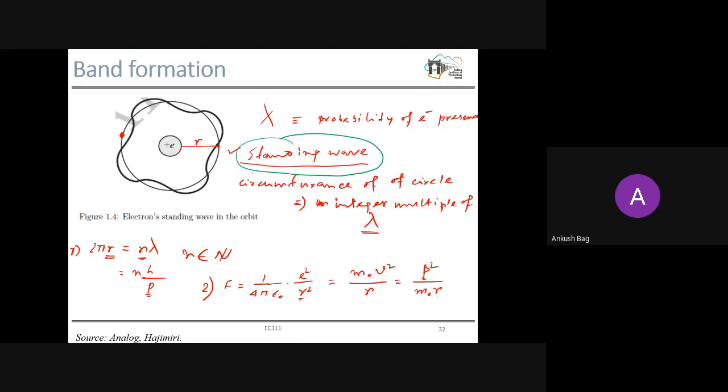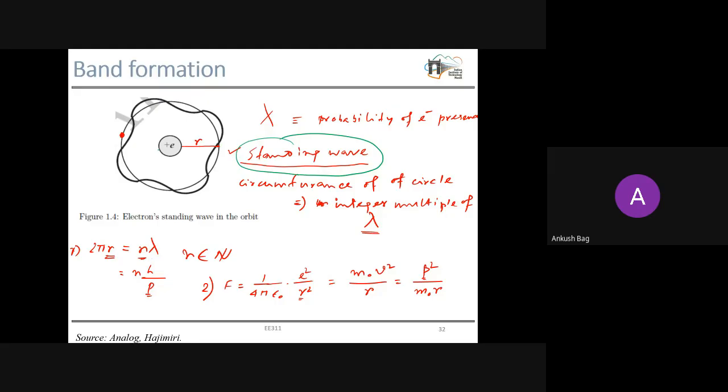Another thing just related to this. When this electron is having this standing wave behavior, it is also bound to this nucleus. When it is revolving around the nucleus, it is bounded.